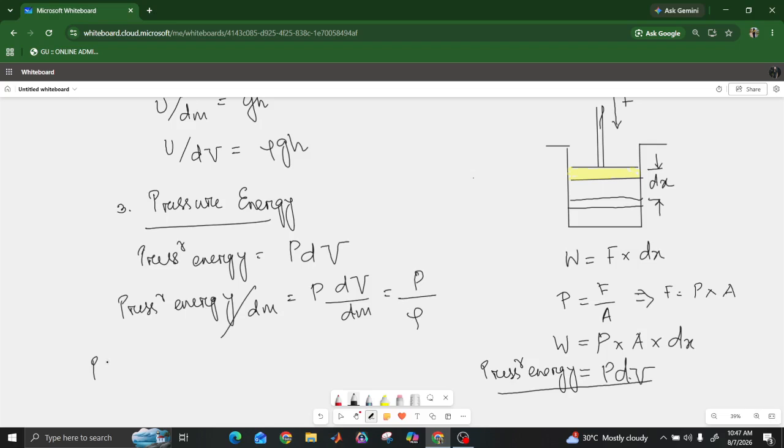And if we consider pressure energy per unit volume, this is P dV by dV, which is nothing but P.